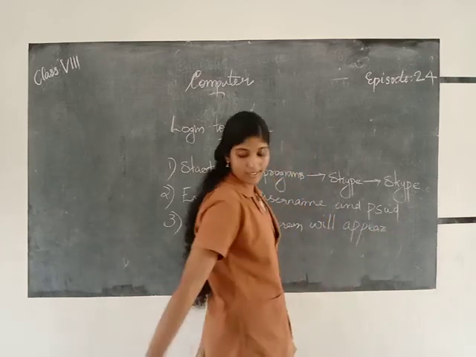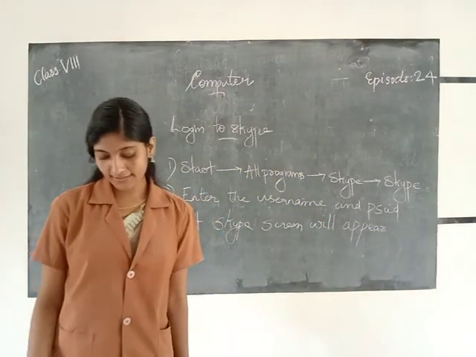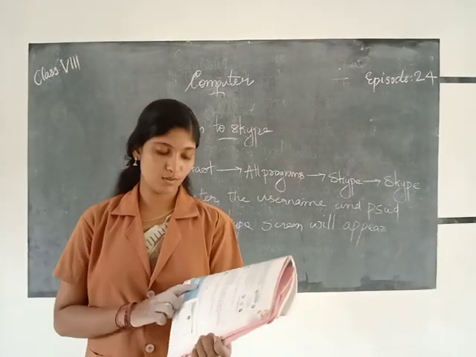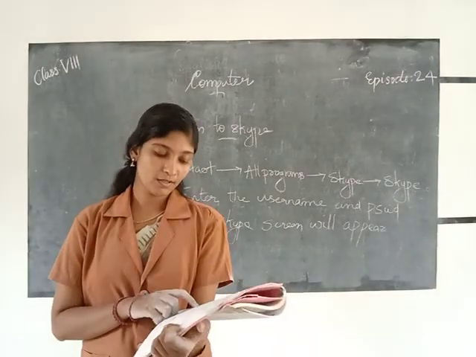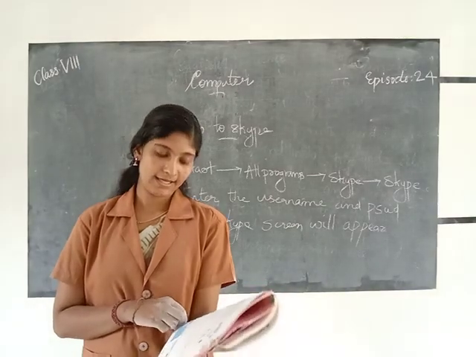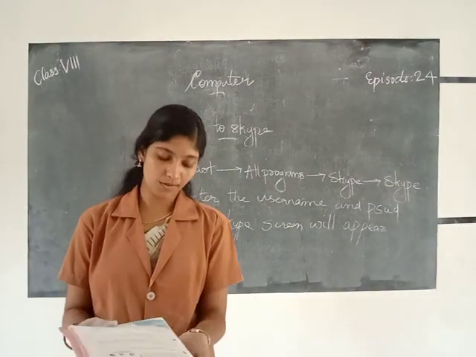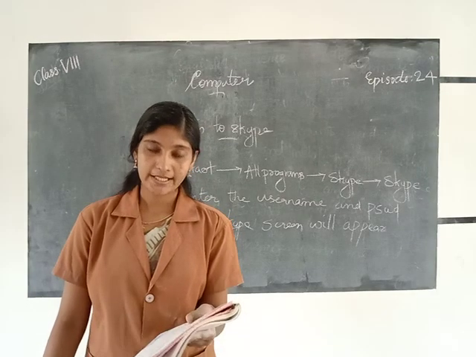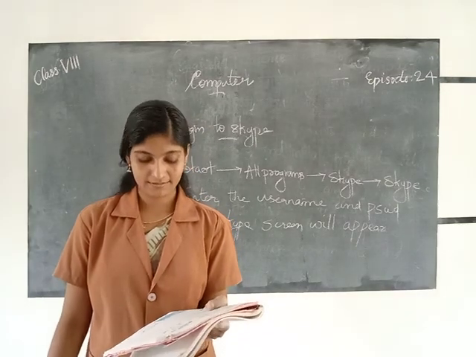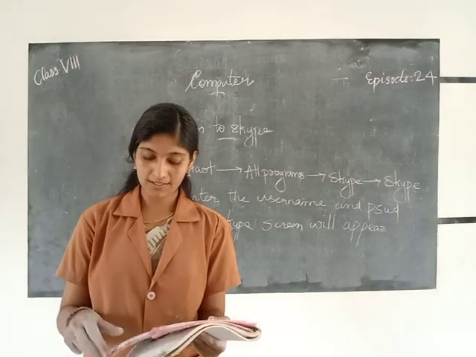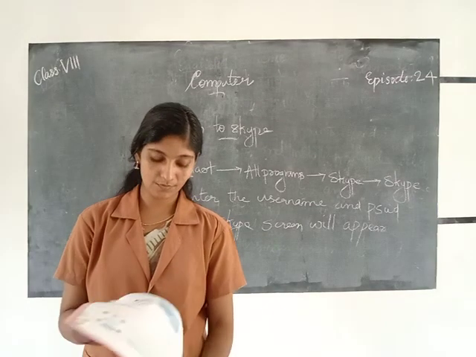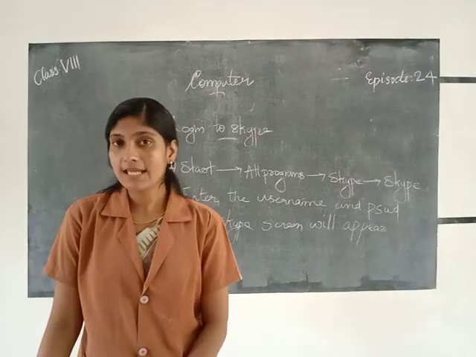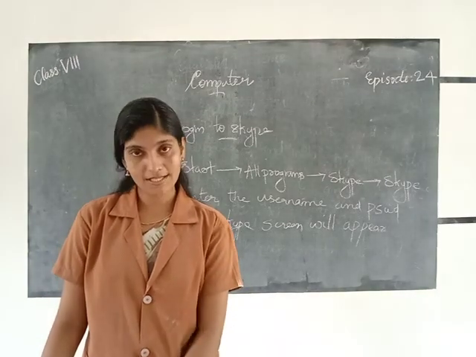Look at page number 131 and read it. To open Skype, follow the sequence: Start, All Programs, Skype and Skype. The login screen will open. Enter the username and password which you had specified while creating the account. Then the main Skype screen will appear.